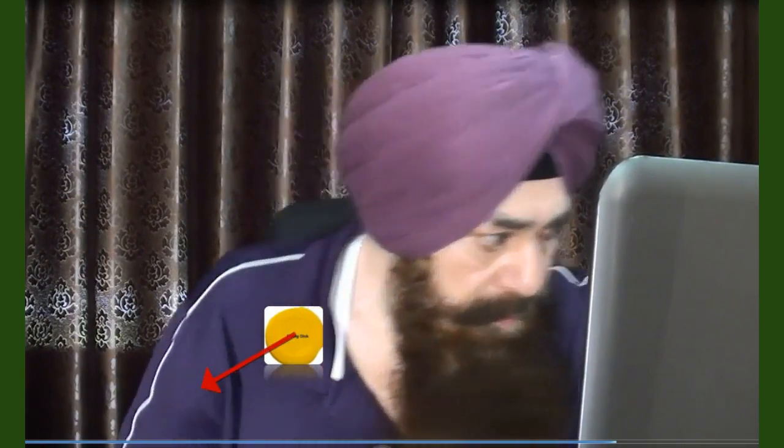Like, if I take the example of a disc, let me take the example of a disc. Like this is a disc, and it is orbiting about this axis.